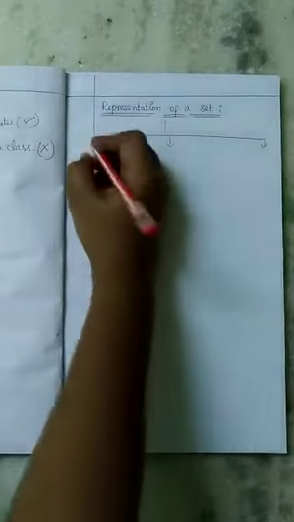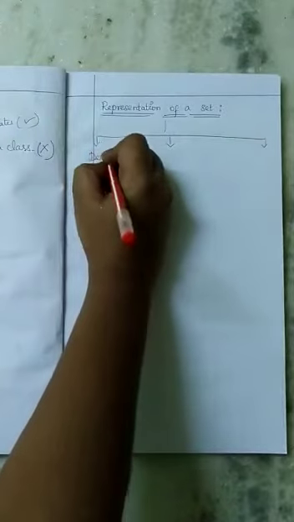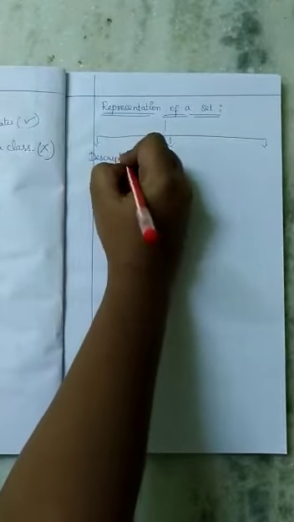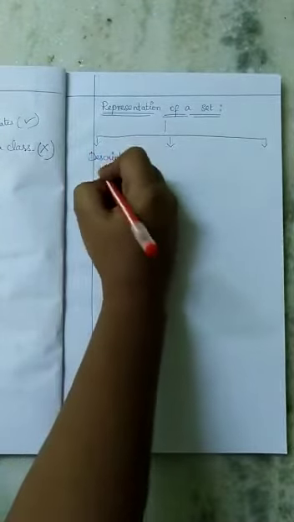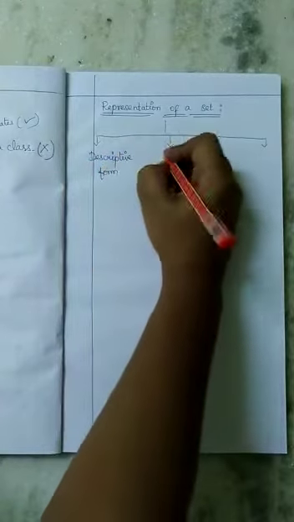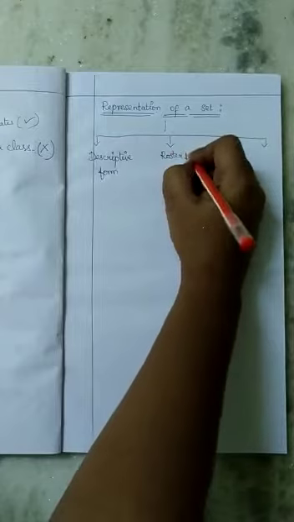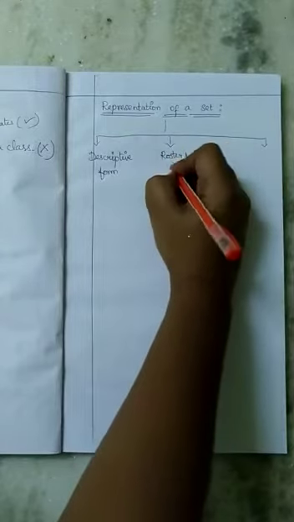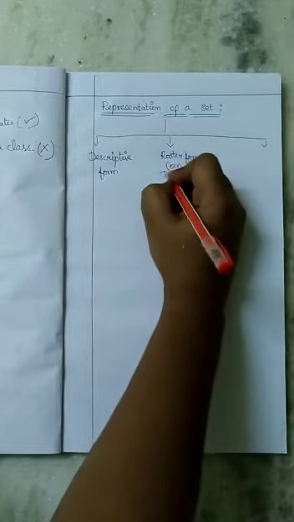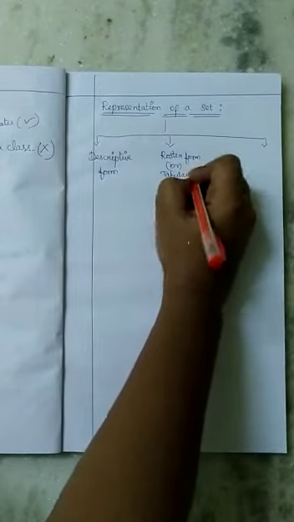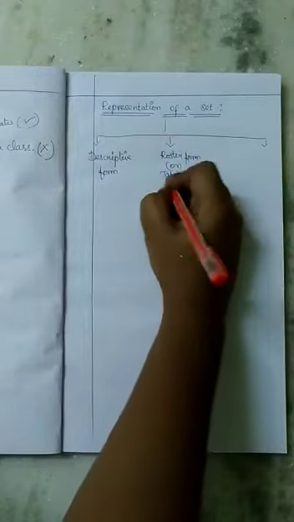What is the first form? Descriptive form. The next form is roster form or tabular form. We can say this one as a listing method also.